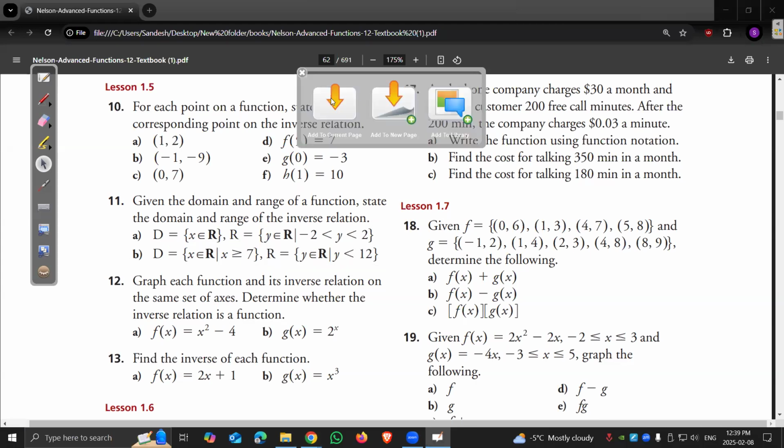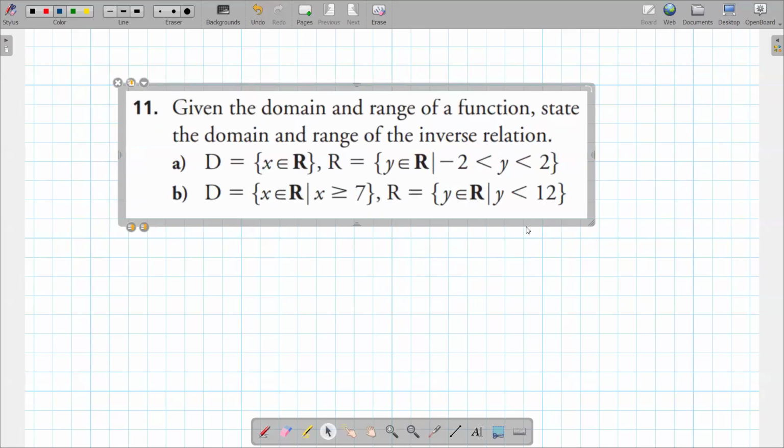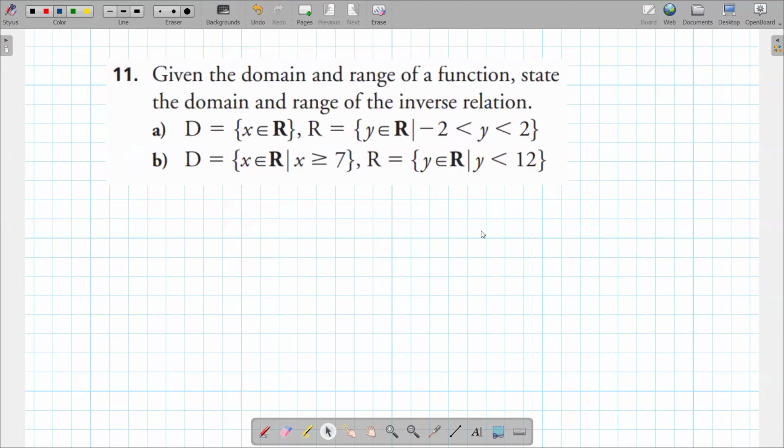So the coordinates flip. But when the coordinates flip, they take their domain and ranges with them. Here's what I mean. You have your f, you have your domain, and you have your f inverse. The domain here becomes the range here. The range here becomes the domain here.